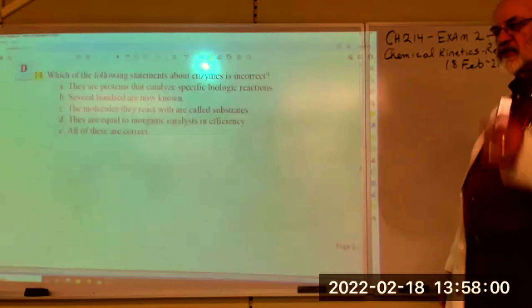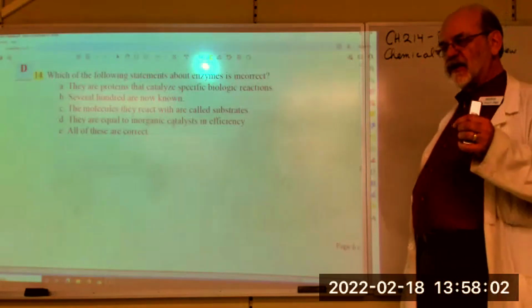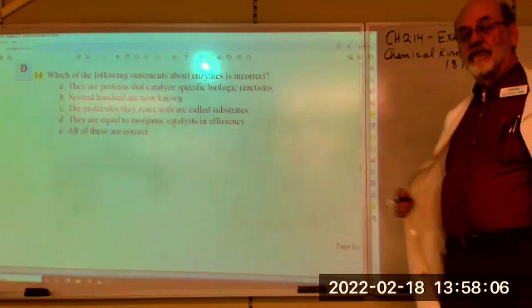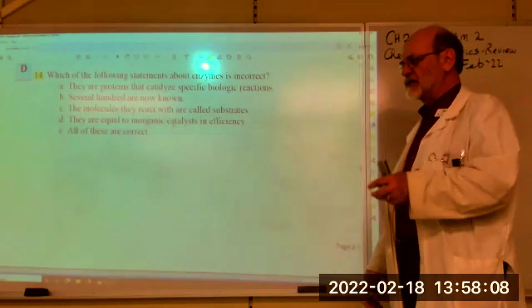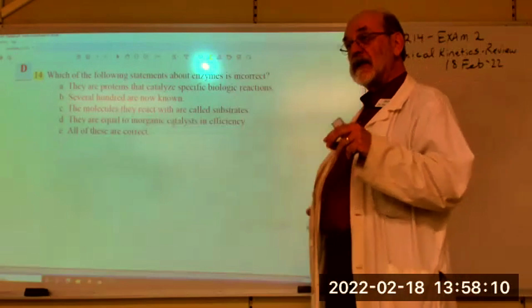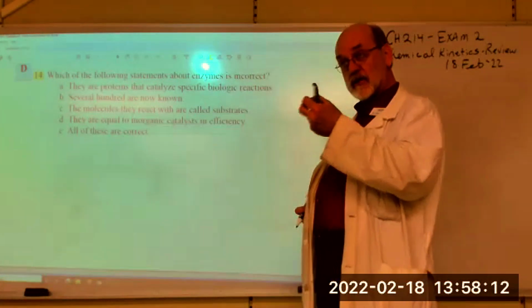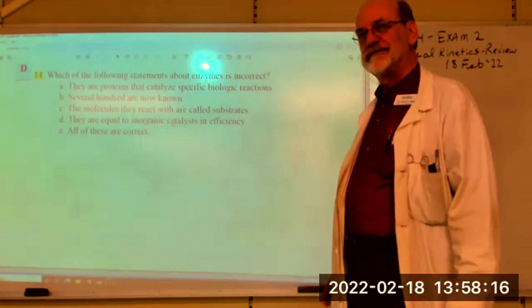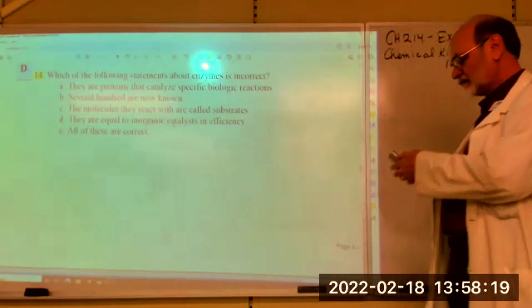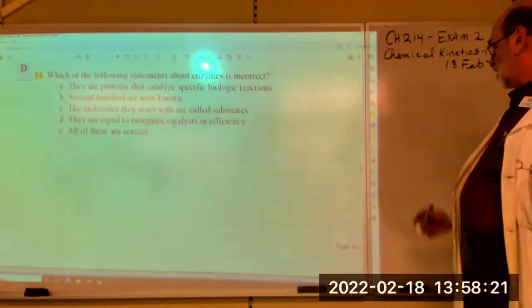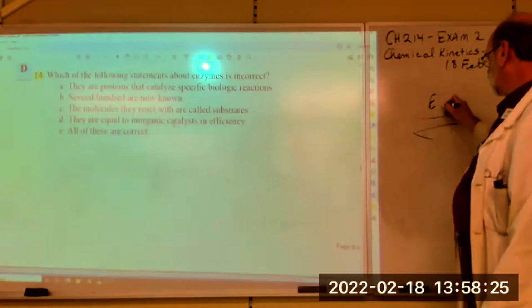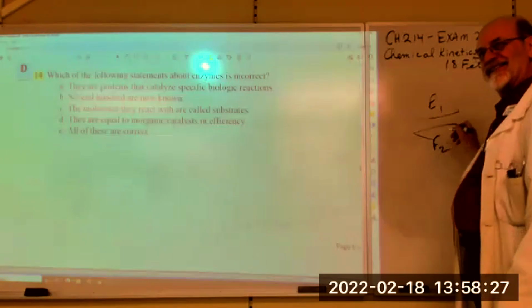They're also extremely good at driving a reaction in one direction. And in fact, more often than not, there are some exceptions. More often than not, if a cell wants the reaction to go in the reverse direction, it needs a different enzyme. So I have like this and that. You'll have one enzyme here, and you'll have one enzyme there.